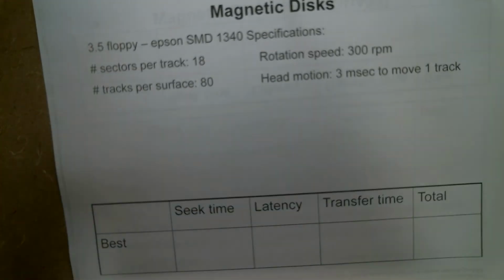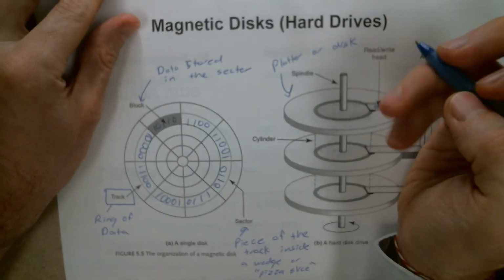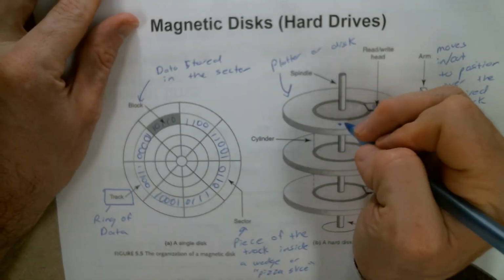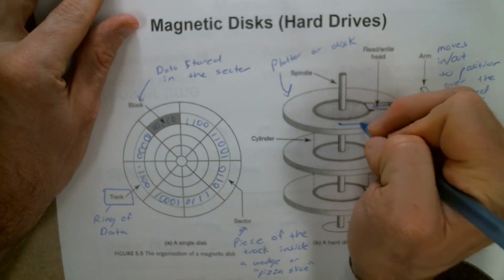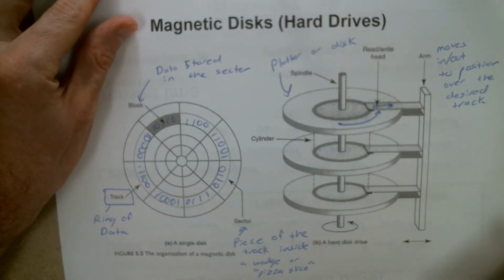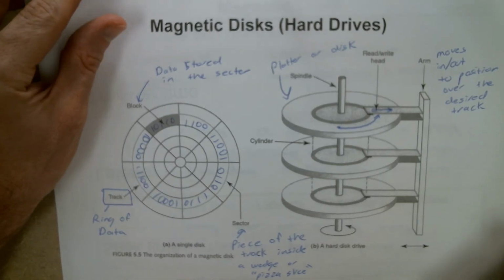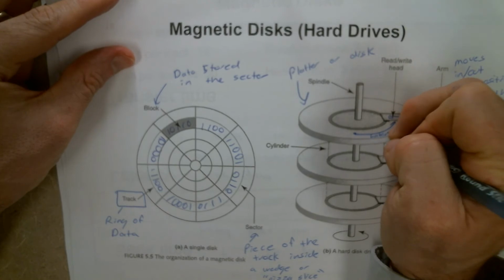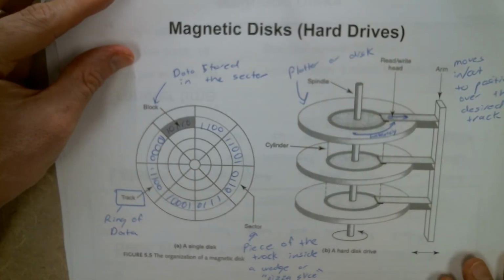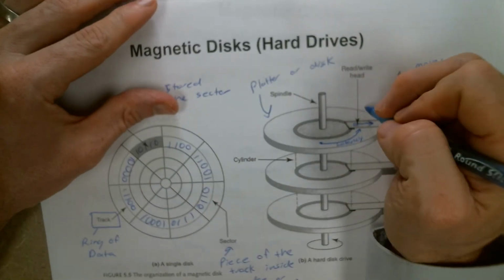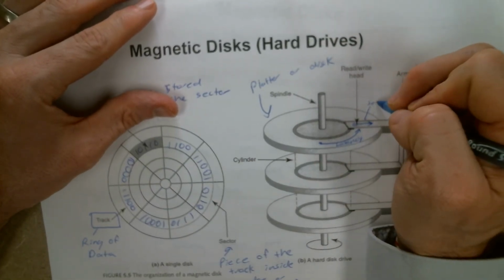So you're trying to get some information on the disk. The information might be right here, and you have to wait for that disk to rotate so that it actually gets under the read-write head so that you can read what's happening. We call that time the latency time or the latency period. This one right here is more of the seek time.